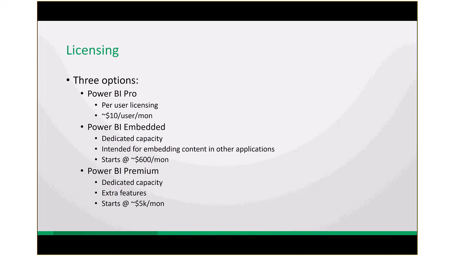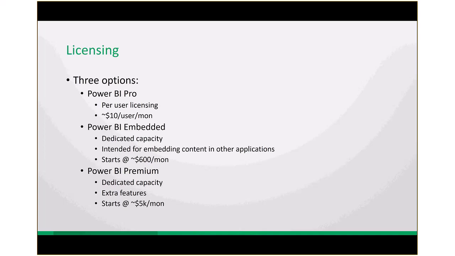Those workspaces we talked about earlier get assigned to this dedicated capacity, and then anyone in the organization can view that content. You still need a handful of Power BI Pro licenses, because the content creators still need that Pro license to create and publish content.